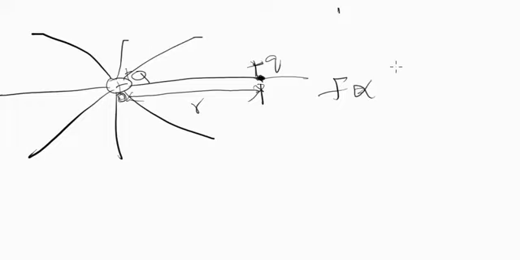We can recall Coulomb's law that the force will vary as the product of the two charges, and will vary inversely to the square of the radius.